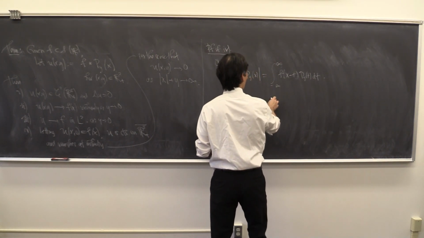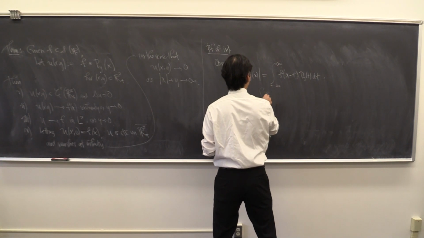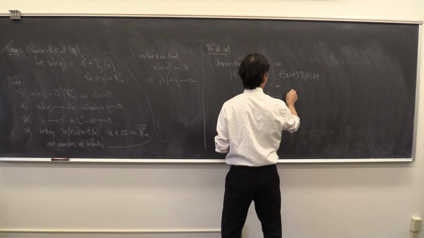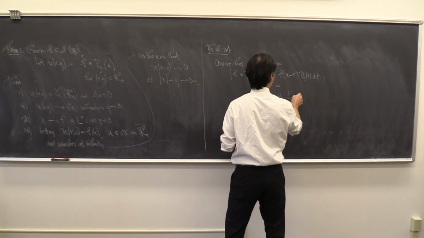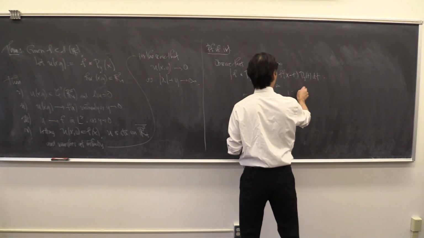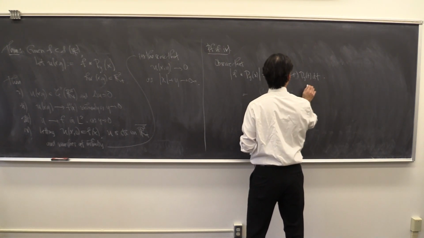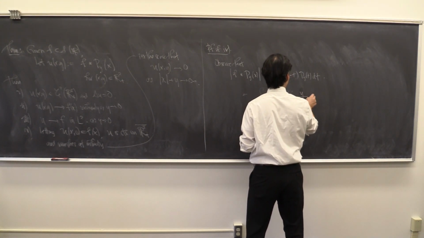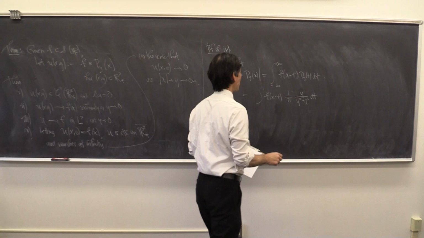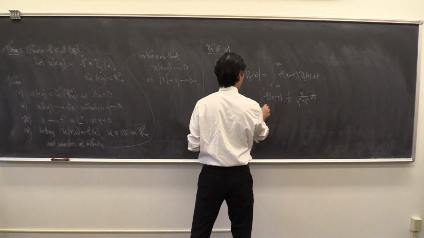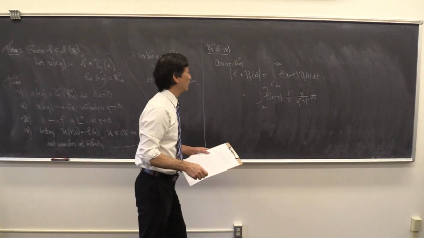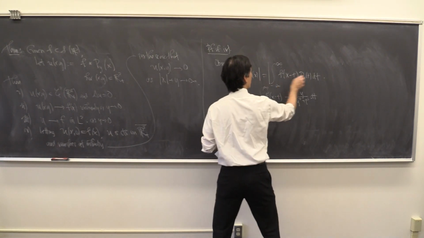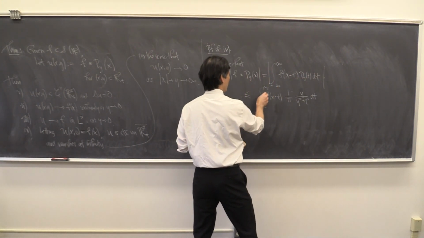This is bad notation. Which is going to be the integral of f of x minus t, 1 over pi, y over y squared plus t squared dt.